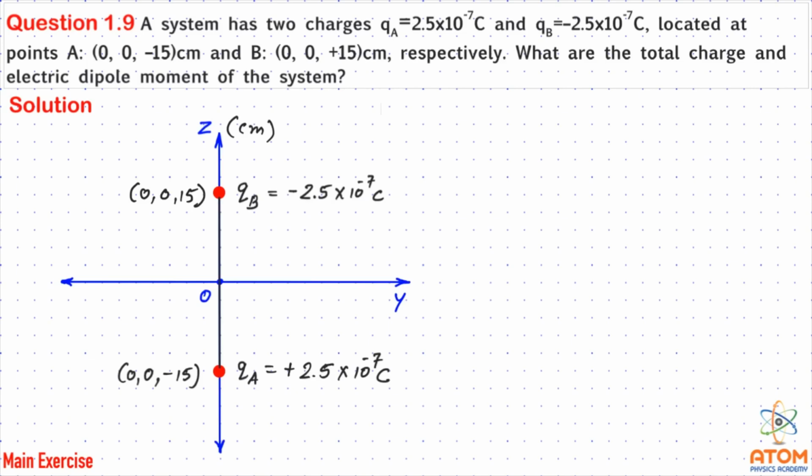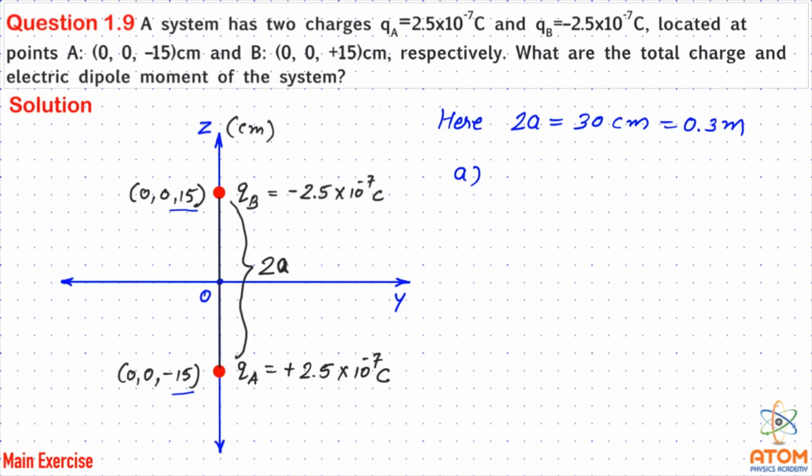So the total distance between the two charges is 2a, and here 2a is 30 centimeter. This is plus 15 and here is minus 15. So the total distance is 30 centimeter, or say 0.3 meter only. That is the distance. Now let us find out the first answer.